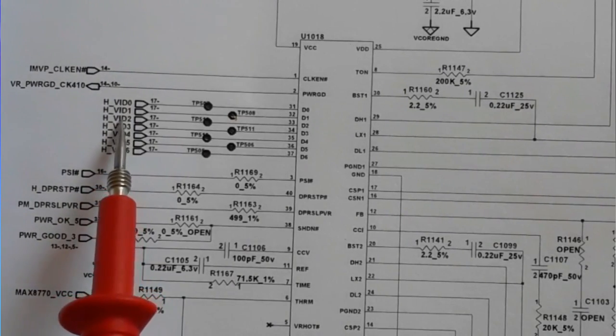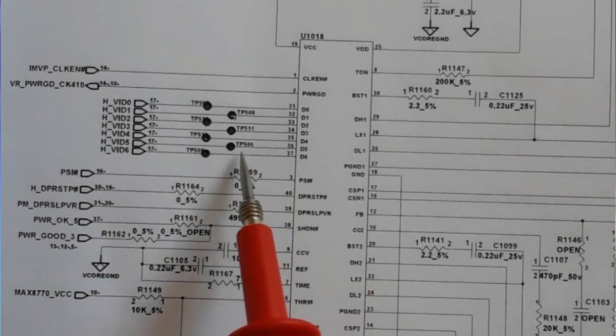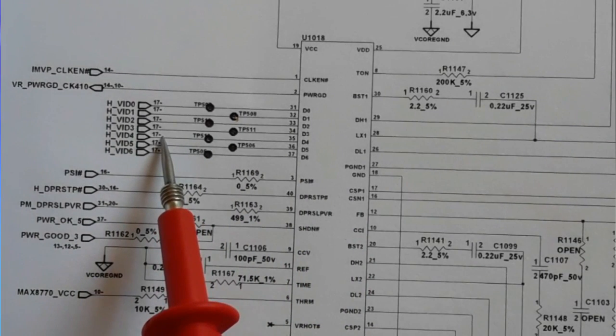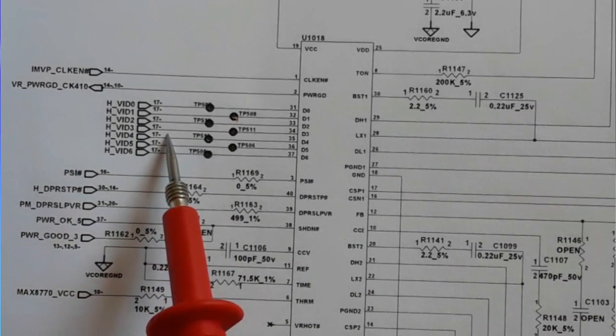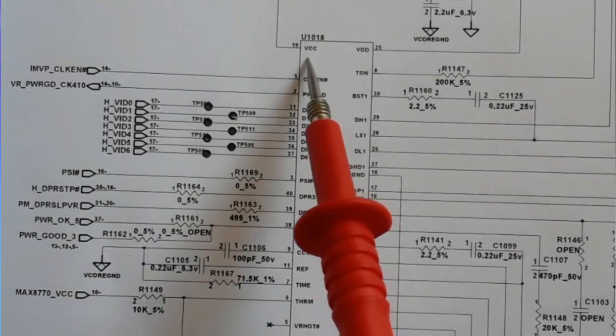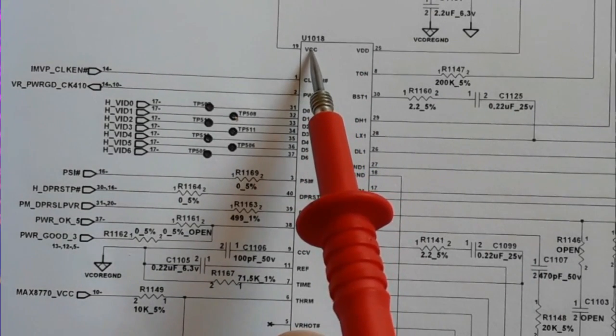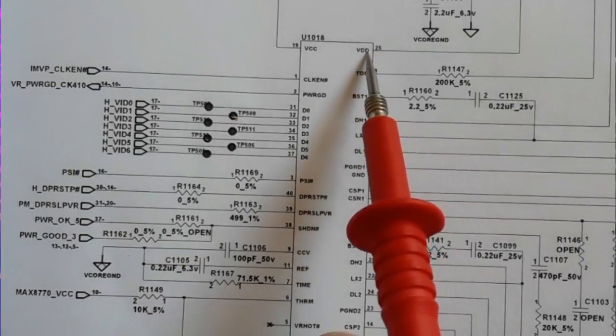These are the IDs, 8 IDs. These IDs determine the appropriate voltage for the CPU. Every CPU has its specific IDs. Based on the ID, the power management IC can generate the appropriate voltage for the CPU.